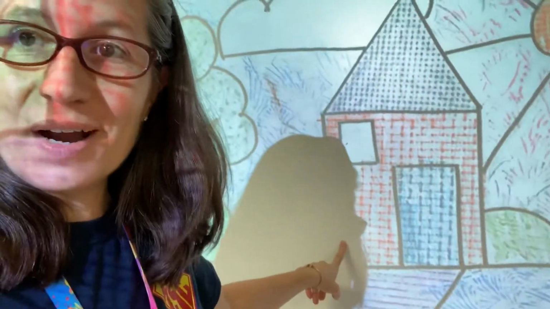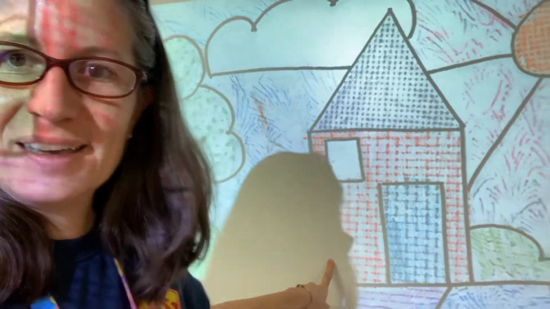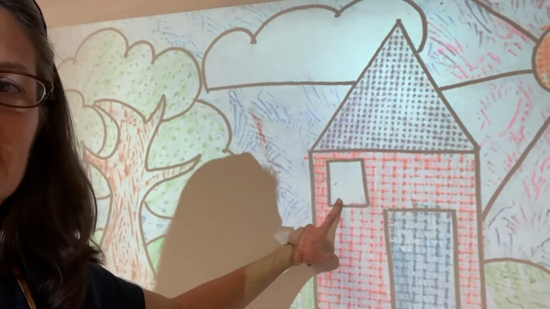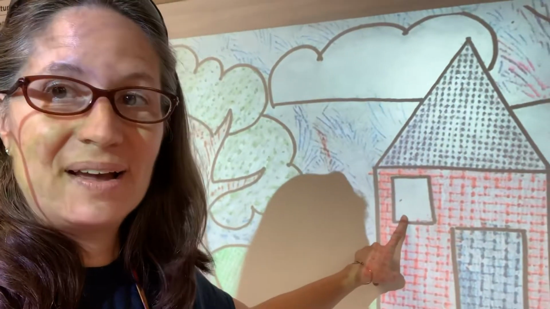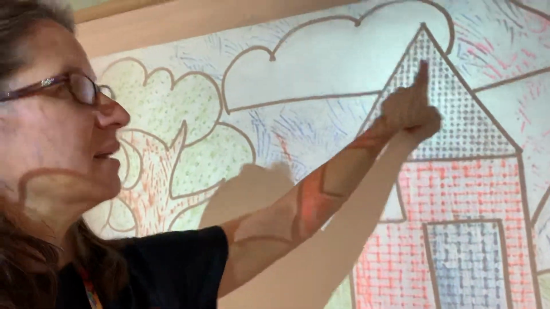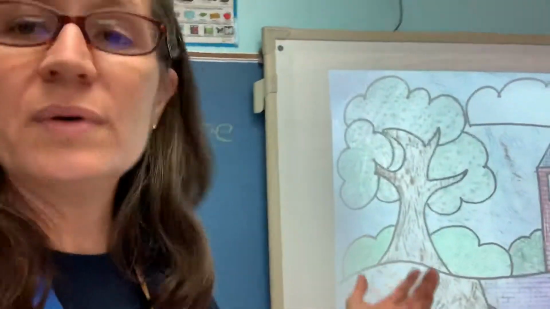A rectangle. Everybody say rectangle. What about this shape? Square. What is this shape? Triangle. Yeah, these are all known as geometric shapes, right?